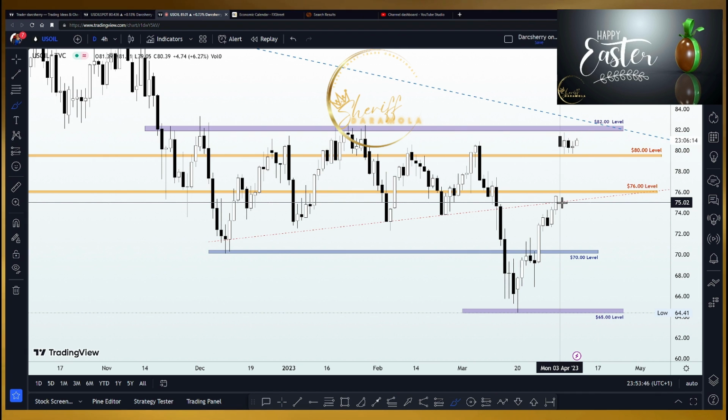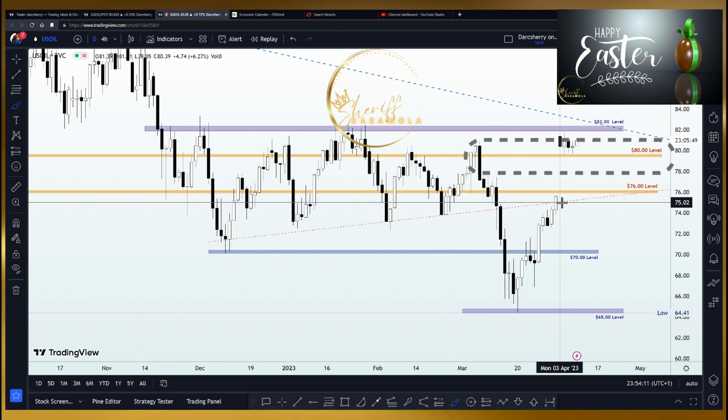So with that being said, as we get prepared for the new week, I would like to scale down to a much lower time frame where I was able to identify a simple setup that we can use to guide trading activity. But before I go into the details on the 4 hours time frame, I would like to state here that the $80 mark is going to be serving as our key level for the week.